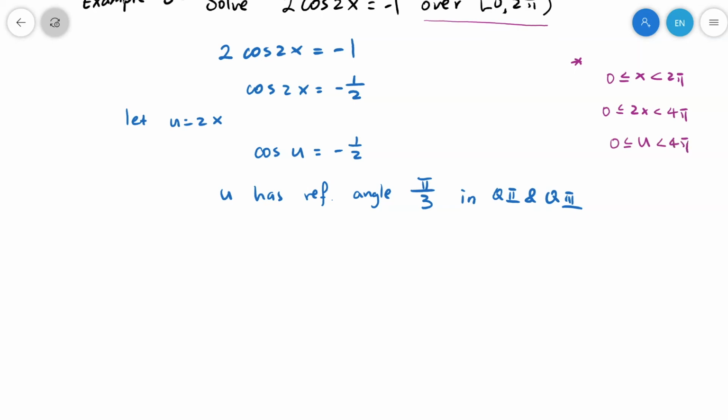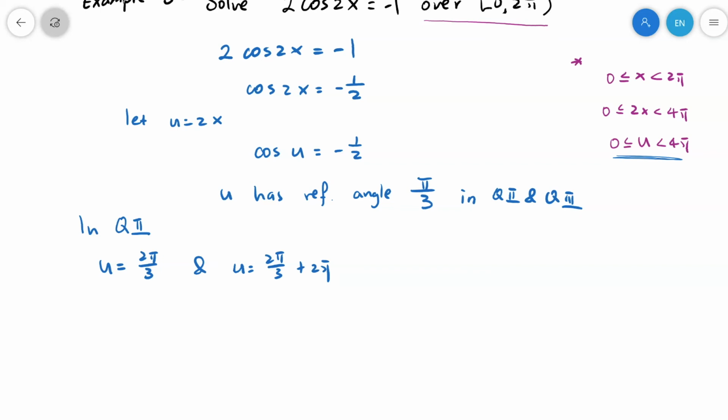Keep that in mind. Then in quadrant 2, my u can equal 2 pi over 3, and also 2 pi over 3 plus 2 pi, because u is between 0 and 4 pi.